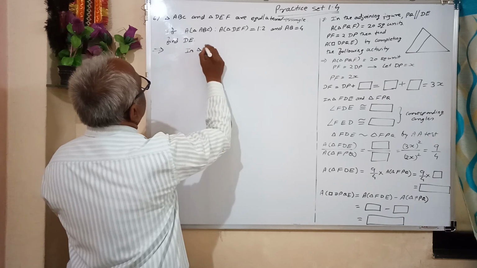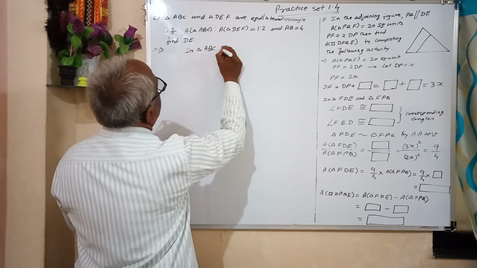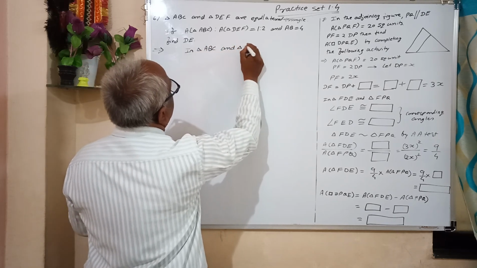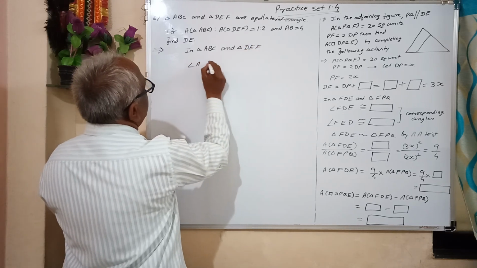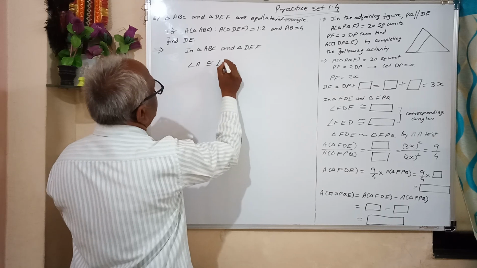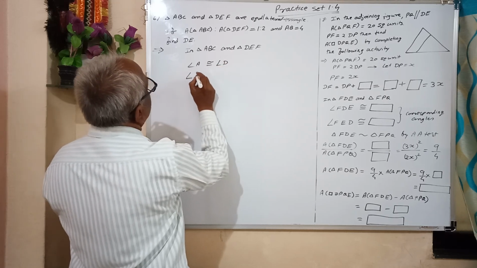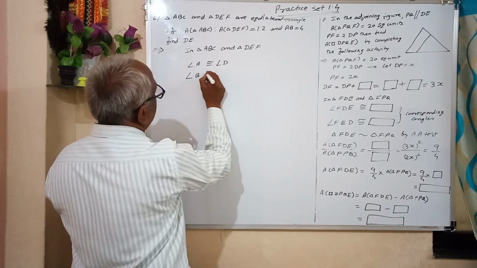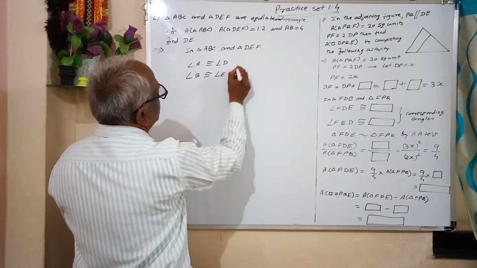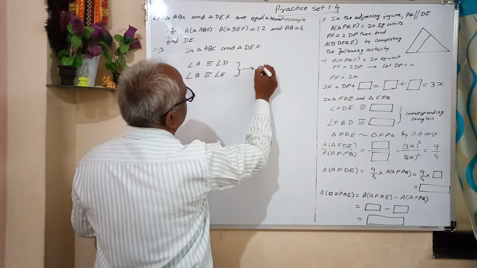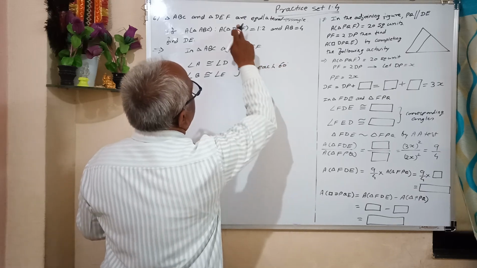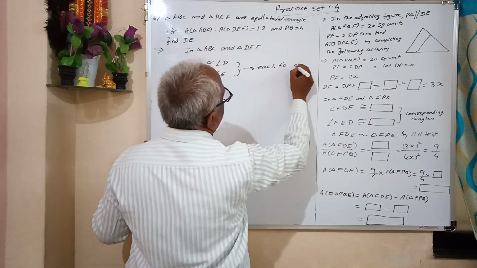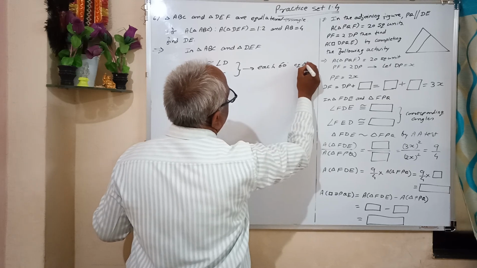Now in triangle ABC and triangle DEF, angle A is congruent to angle D, angle B is congruent to angle E, that is each 60 degree, as the two triangles are equilateral triangles.